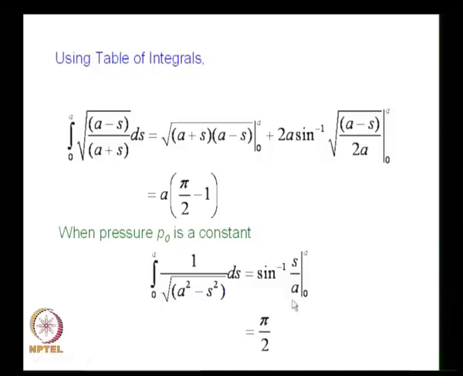From the table of integrals, you have this as sin inverse s by a with the limits 0 to a, and once you substitute, you get the expression as pi by 2. Here you are only looking at what is the kind of expressions that you get from the integral value. These are not the final expressions for k, we will have a look at the final expression for k.